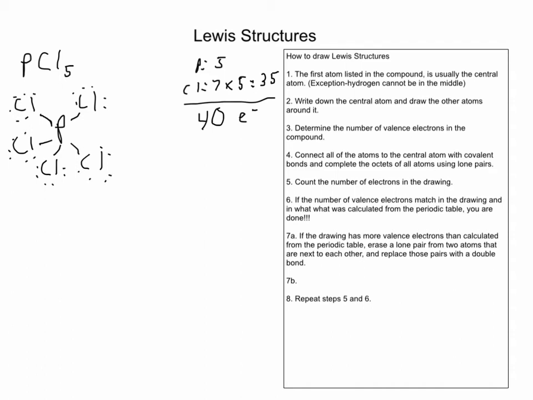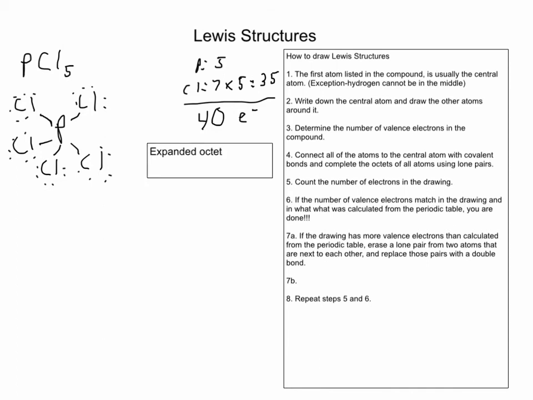Phosphorus has 2, 4, 6, 8, 10 electrons around it, so it actually already has more electrons than it needs. But this is okay. This is called our expanded octet. So this is the example of the expanded octet.